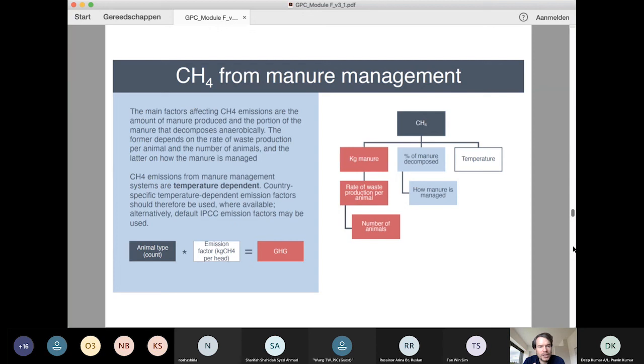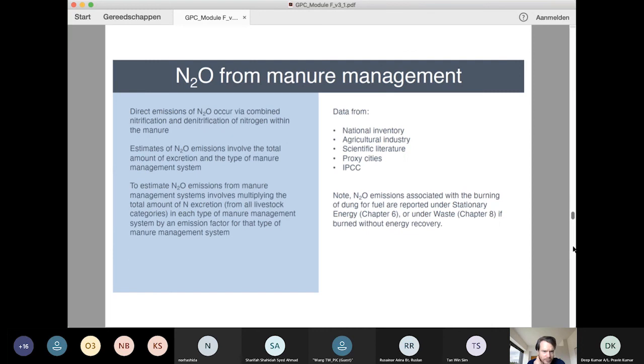All you really need to know is the number of animals, and the emission factor does everything else for you. But it does contain a lot of dependencies, so if you can find any national data, that would be really useful. Whereas international data like IPCC emission factor data are less likely to be accurate because of the variability in conditions that drive emissions from manure management.